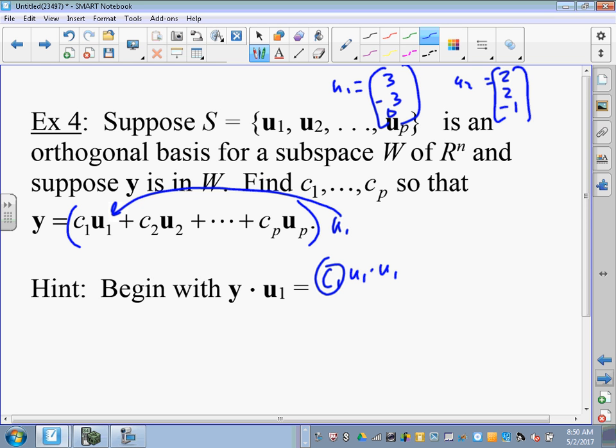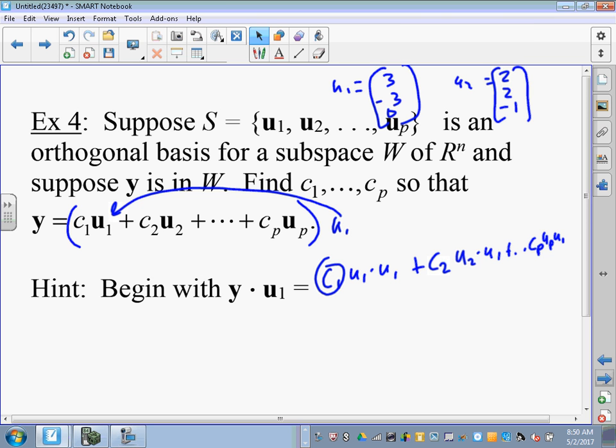In that case, we don't get out 0, right? But in all the other cases, what do we know about u2 dotted with u1? We do get zeros, right? So that is going to melt away, and then we keep going, and we get cp, up dotted with u1, and all of these are going to be 0 because it's orthogonal, right?